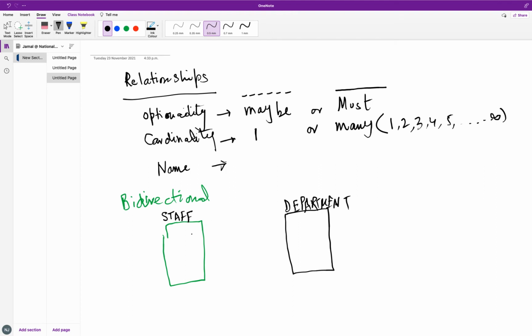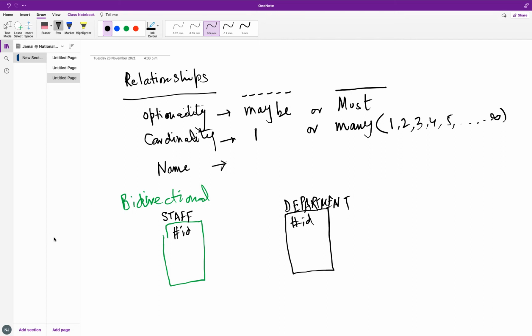So we have two entities, staff and department. In the previous section we defined entities and UIDs, for example ID. Here we have ID, that's fine. Attribute names can be the same between two entities, no problem.